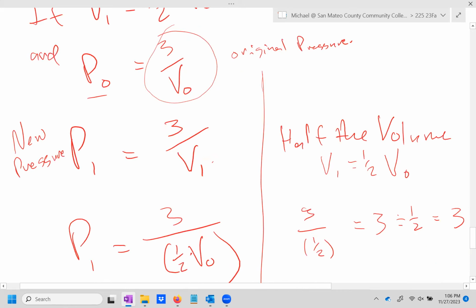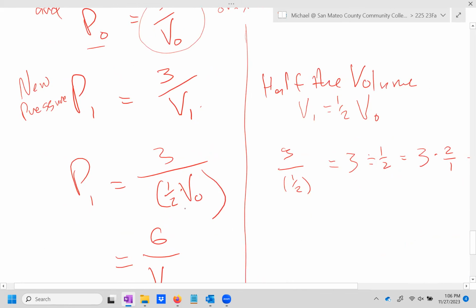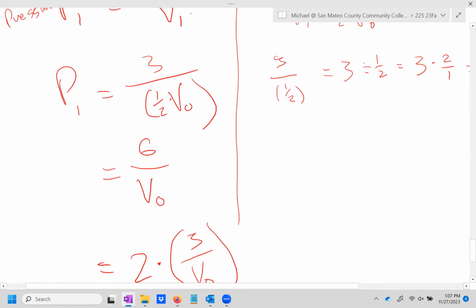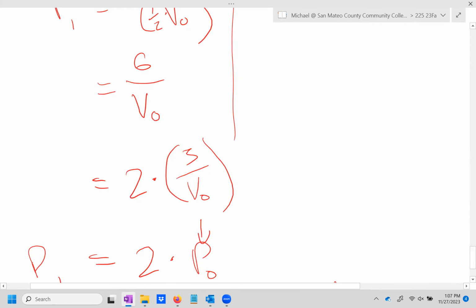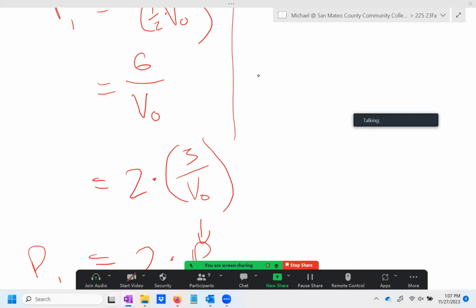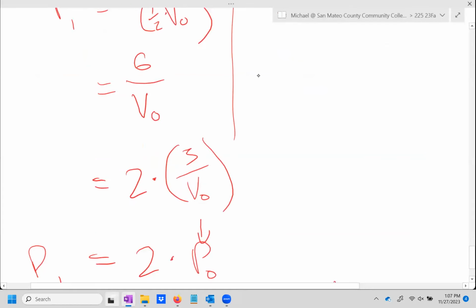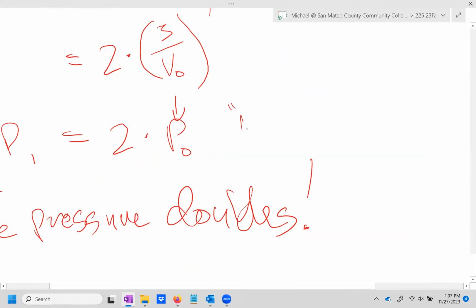How did my new volume relate to the old volume? It was half its size. And so, how does the new pressure relate to the old pressure? New pressure is 2 times the old pressure.